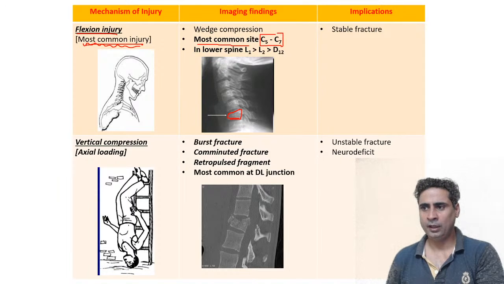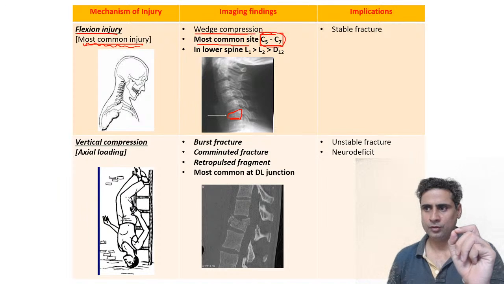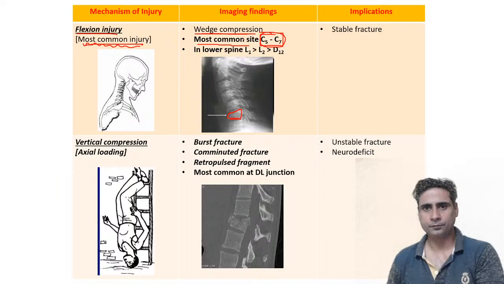So there will be a wedge compression type of fracture, most common in the C5 to C7 region. In the lower spine, it is common at the dorso-lumbar junction, L1 followed by L2 followed by D12 in decreasing order of frequency. As only the anterior column, the anterior half of the vertebra, is involved, these are stable fractures.